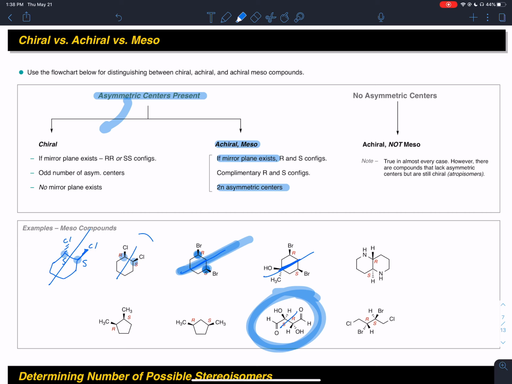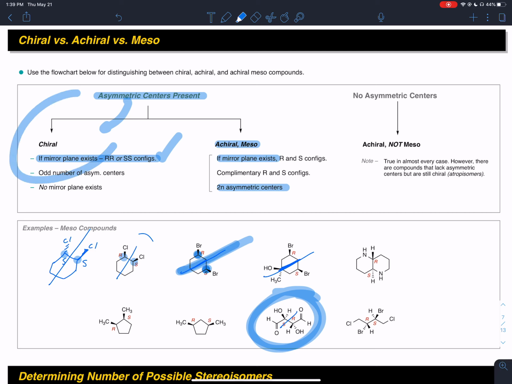Here we have S,S configurations. So if that constitutional line of symmetry is present and we get R,R or S,S configurations, that's just chiral, right? Asymmetric centers present, constitutional line of symmetry, but R,R or S,S, that's a chiral molecule. If you had that line of symmetry and R,S configurations, then it would be achiral meso.